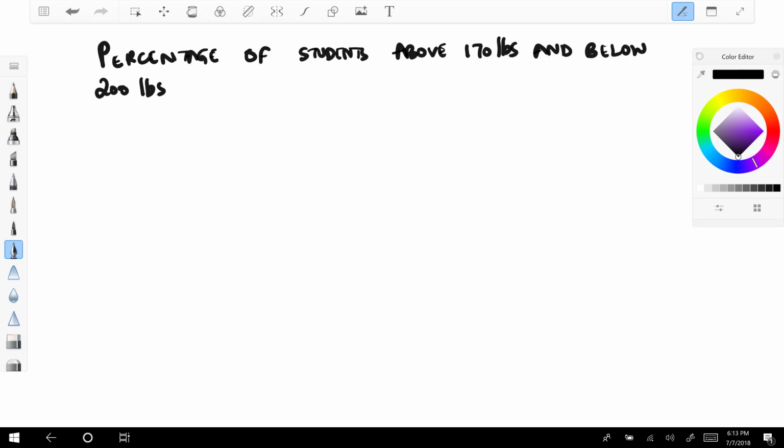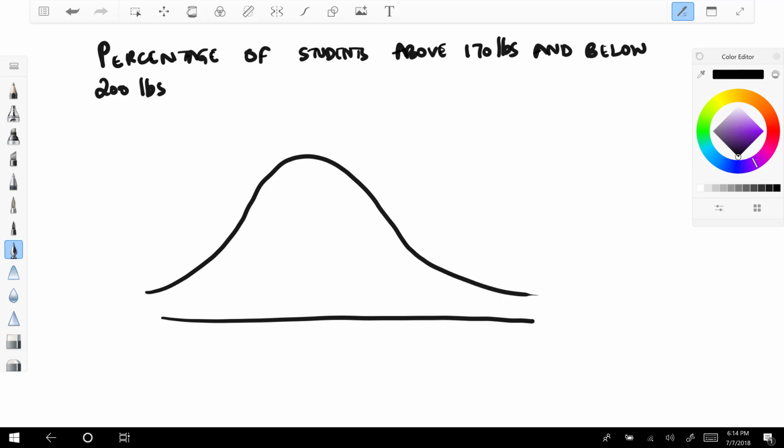So again we can draw our normal distribution curve, and then this is our mean, which is 180.